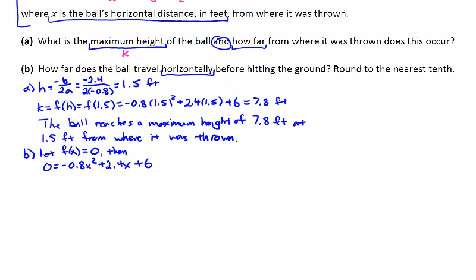And this is where I would be interested in applying the quadratic formula. The quadratic formula, I'll write it down: x equals negative b plus or minus the square root of b squared minus 4ac, all divided by 2a.